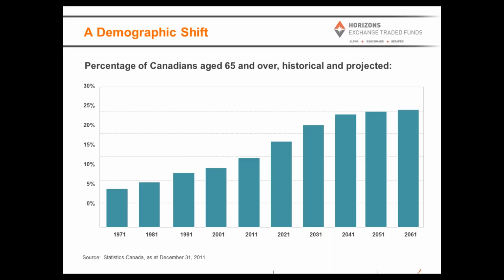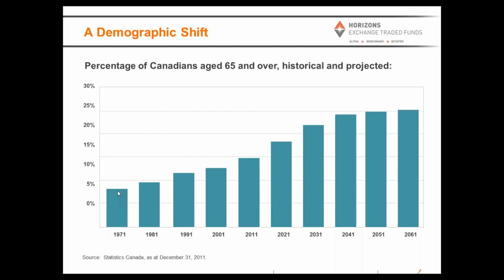What this really means, if you think about this just in the simple context of the old adage that you own your age in fixed income and the rest in equities. So what this means in 1971, about 7.5, and pardon me, there's a little skew on the numbers on the left side of this chart, but it actually starts at zero at the bottom, and then 5%, and then 10, 15, 20, 25, 30.